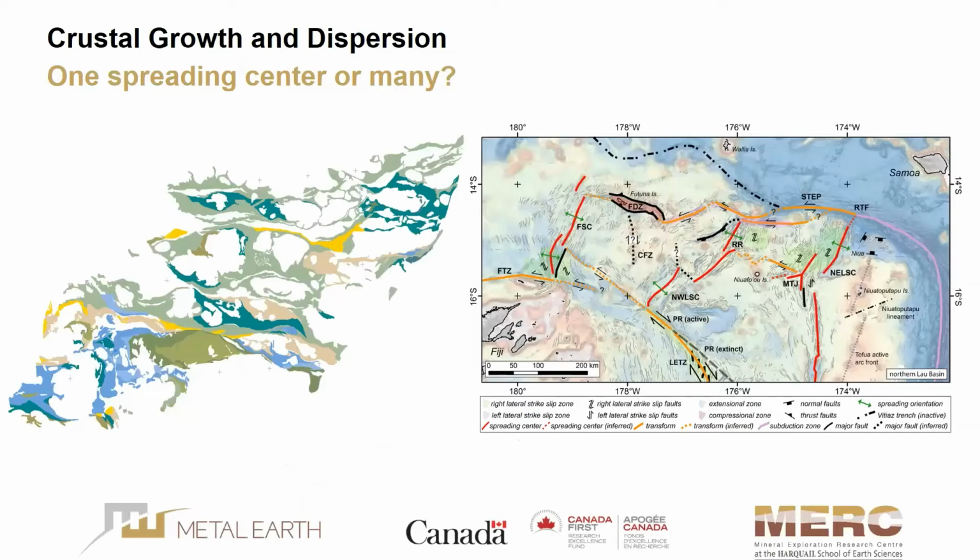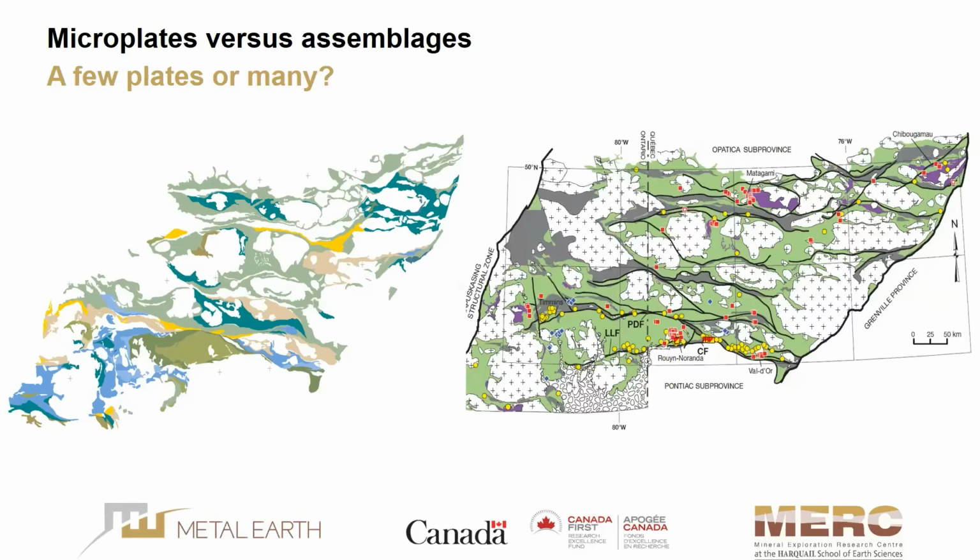And in greenstone belts, the assemblages or the episodes, of course, have been pretty much nailed down. What's missing is our understanding of microplates. In the simplest configuration, the microplates are bound by big structures, but they're also probably stitched together by synvolcanic intrusions, which we've heard about already today.